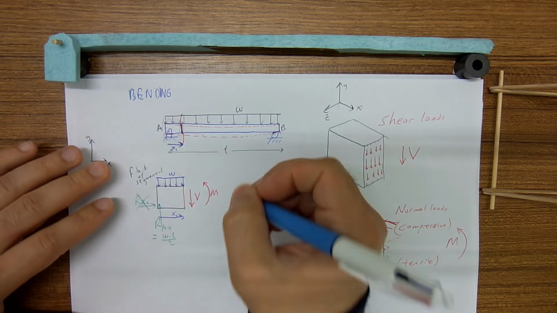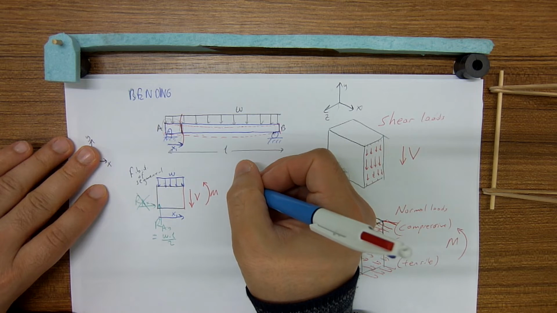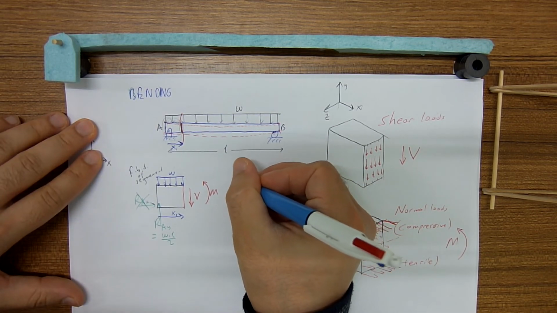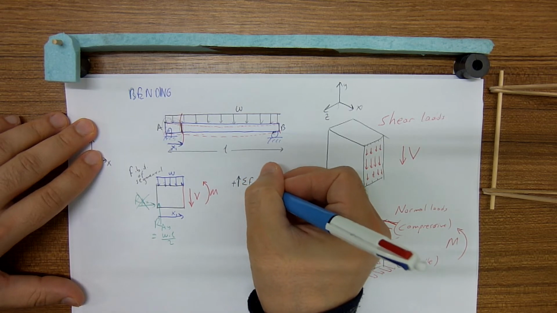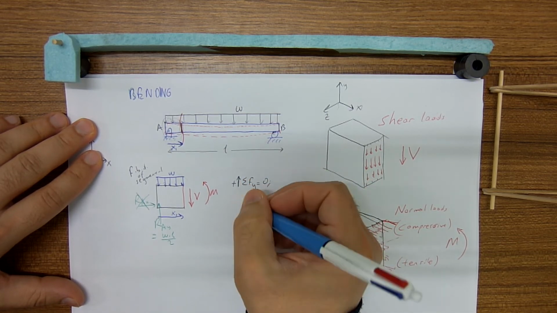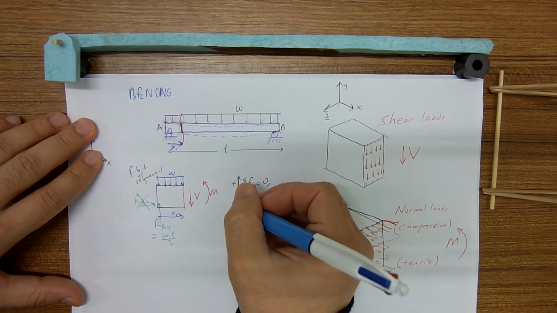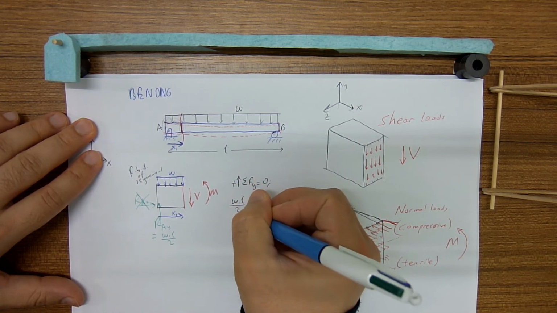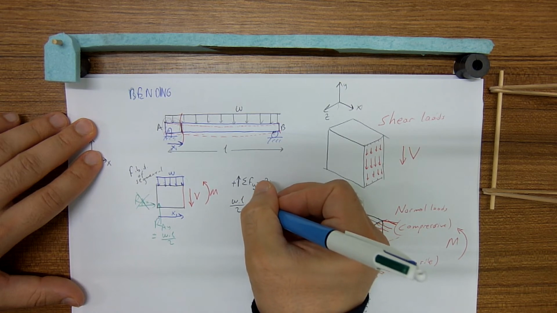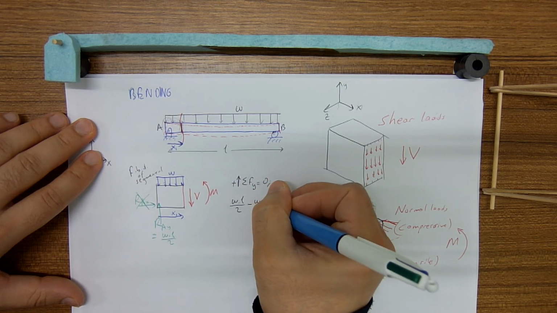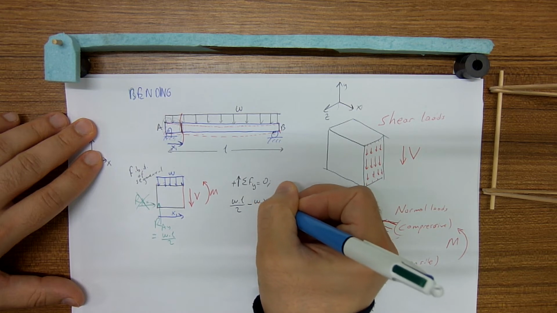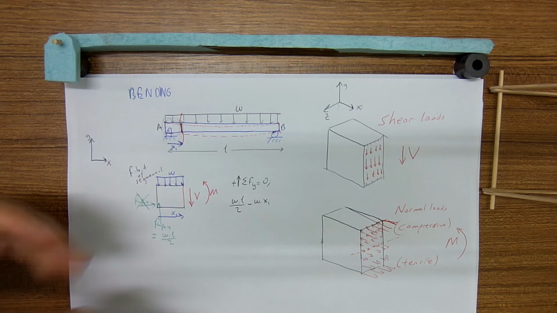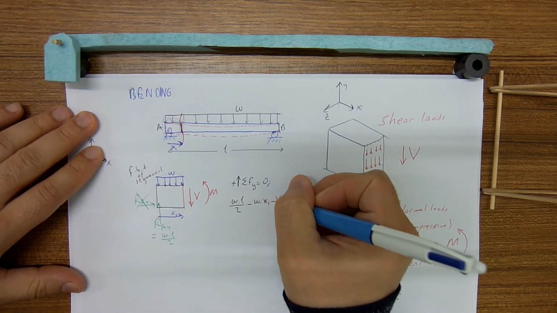If I write the vertical force equilibrium equation: W times L over 2, minus W times x1, and minus V.